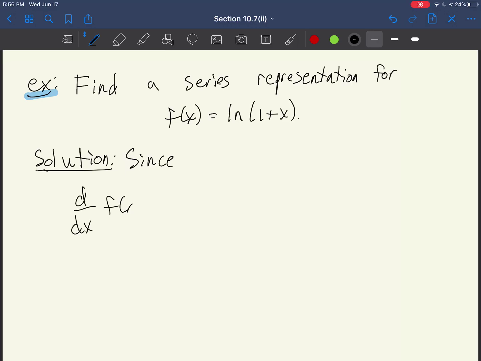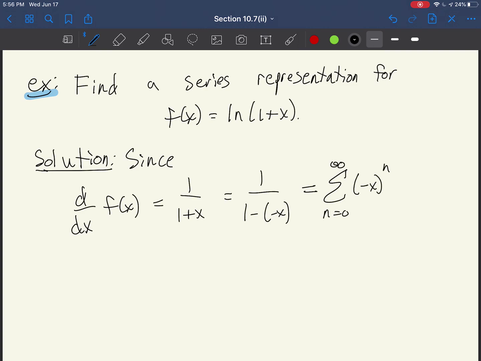So, first we notice that the derivative of f of x is 1 over 1 plus x, which is 1 over 1 minus a negative x. And the power series representation for this is the power series representation of 1 over 1 minus x, but evaluated at negative x. So we'd get negative x to the n.